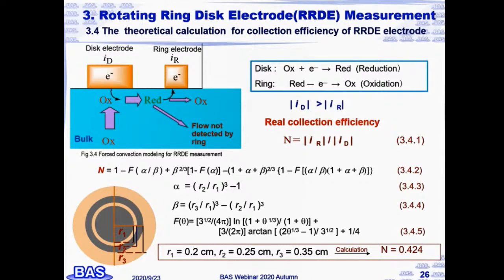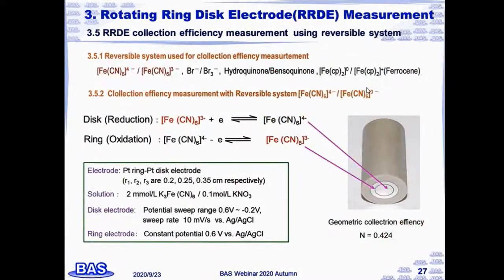Because a real electrode surface is uneven, the real collection efficiency is hard to make coincide with the theoretical value. Usually, reversible systems indicated here may be used for RD electrode collection efficiency measurement.